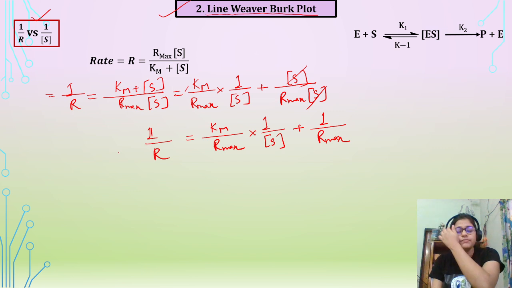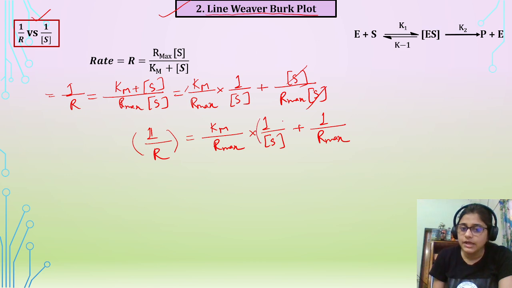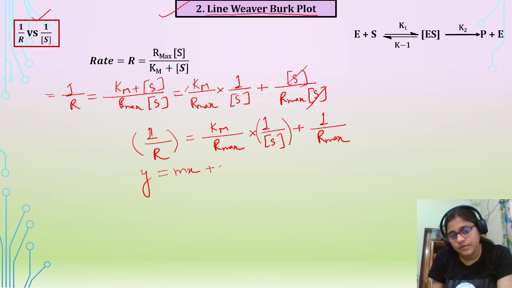So we know now that we have to plot 1 by R versus 1 by S. This is 1 by R and this is 1 by S. Fine. So this can be compared to y equals mx plus c, because x is 1 by S and y is 1 by R. The rest will be slope and intercept. And the intercept is always constant, and we know the Rmax value is constant.